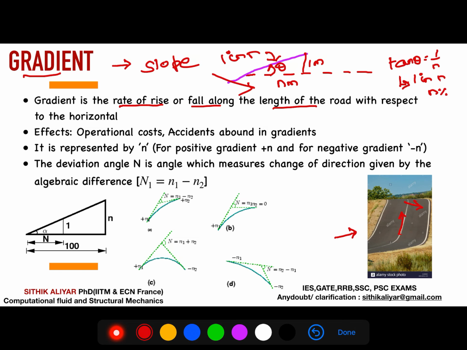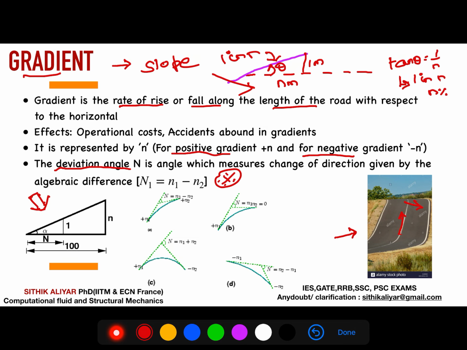When you have two gradients, as I mentioned, a positive gradient will go upward, a rate of rise, and a negative gradient will come down. The deviation angle is nothing but how much one gradient is deviating from the other one. We will discuss this deviation angle in a little more detail in the summit curve topic. Try to visualize the curve given at the bottom here.